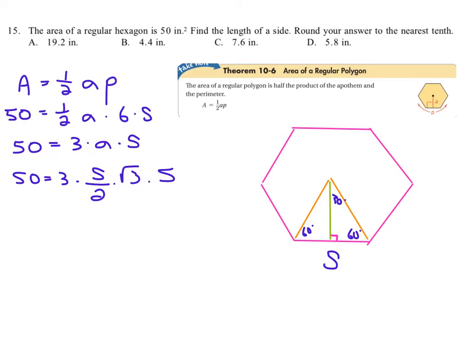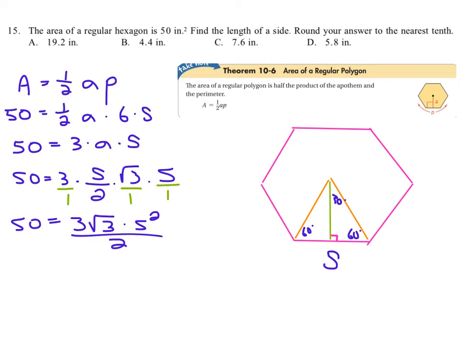So let's combine all of the numbers that we've got. You can imagine that these are all over 1, right? Over 1, over 1, over 1. Everything's over 1 if it's not there. So if we multiply that all together and juggle the numbers around, we get 50 is equal to 3 times root 3 times S times S, or S squared. 3 root 3 times S squared, and that whole thing is divided by 2.